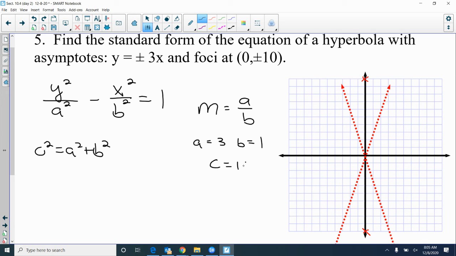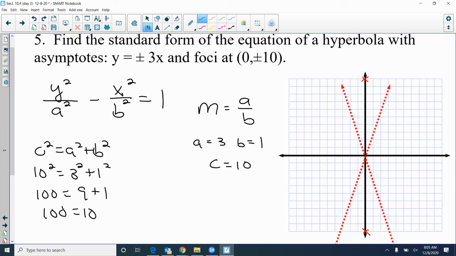Does 10 squared equal 3 squared plus 1 squared? 10 squared is 100. 3 squared is 9. 1 squared is 1. That gives me 100 equals 10. That's not true. So that means A and B are going to be something that reduces to 3 over 1, but it doesn't mean A is 3 and B is 1.